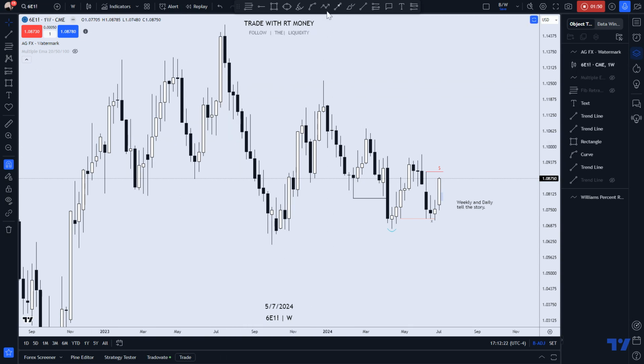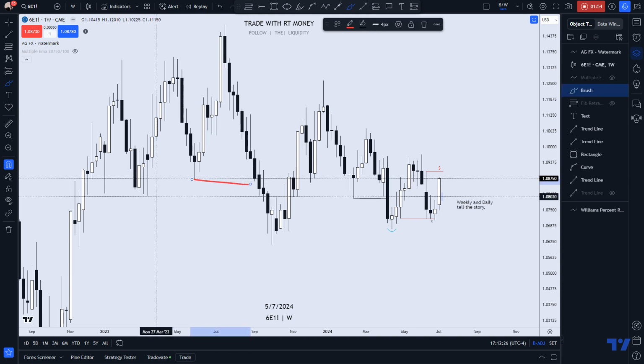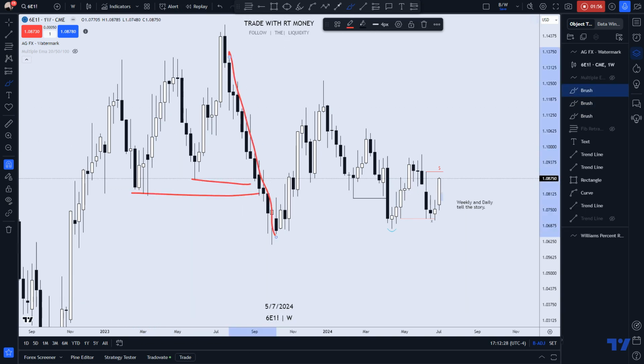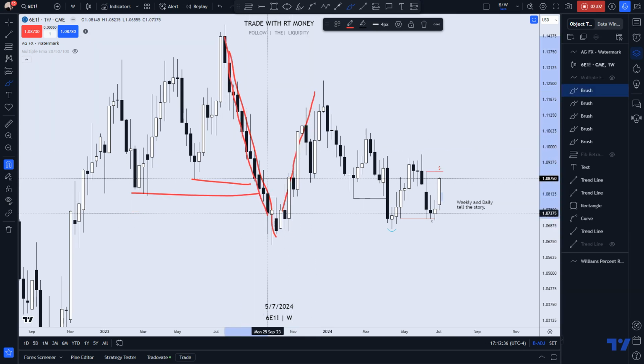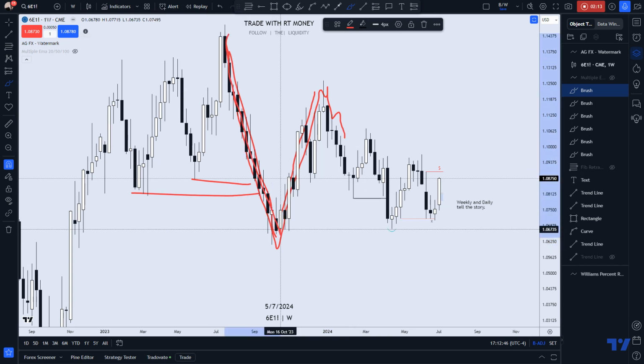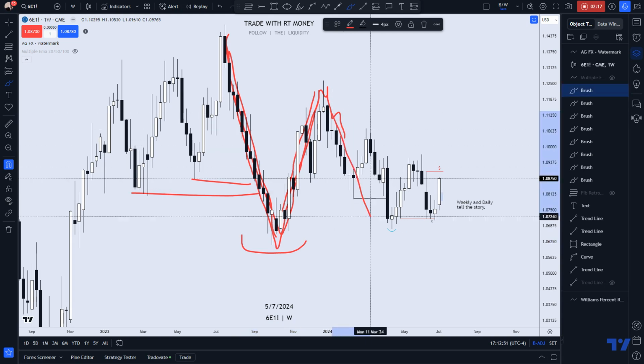You can see that we had shown a break of structure, a bearish break of structure on the euro, right? Price pulls back because you're looking for price to pull back within this leg of structure and find resistance so that it could continue down to make the lower low, lower high, and then the lower low.